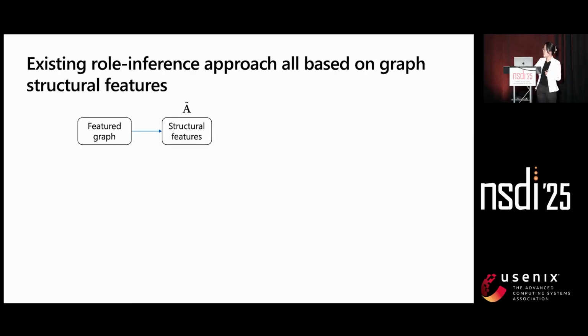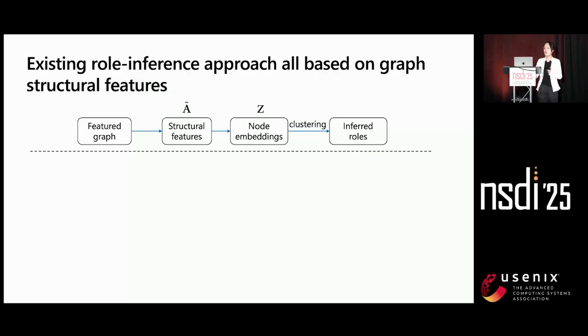For example, with an input graph, you first extract some structural features, such as how many neighbors one node has. Then you transform them into node embeddings, cluster them, and infer the roles. However, these existing approaches don't really work well on our cloud resource graph.